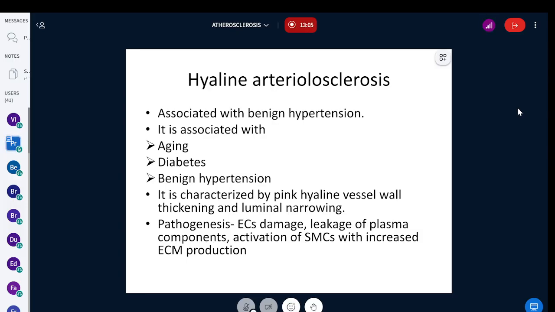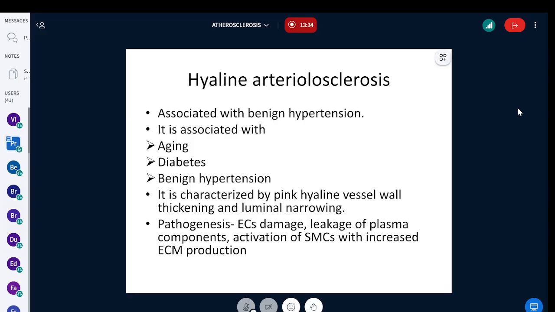It can also be associated with aging, and it can also be associated with diabetes, but most of the time it will be seen in patients who are hypertensive. The reason why it's called hyaline arteriolosclerosis is because it is characterized by a pink hyaline vessel wall thickening and luminal narrowing. And this usually results where you have endothelial cell damage.